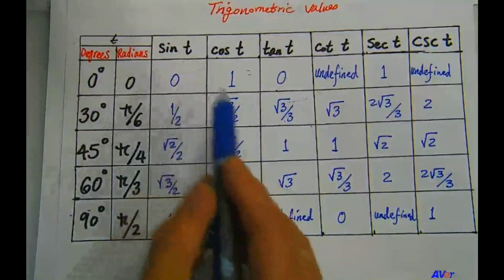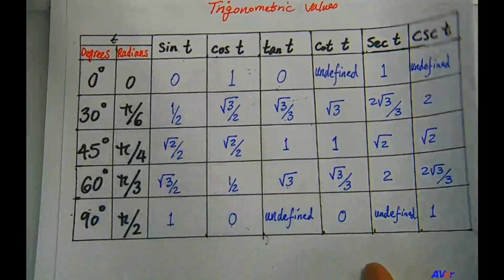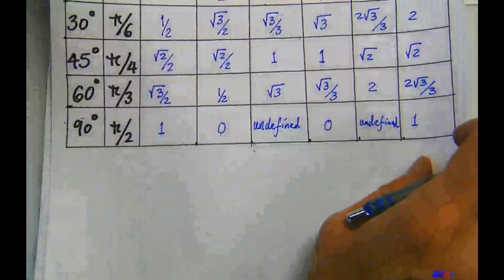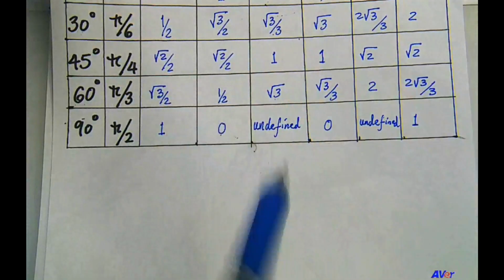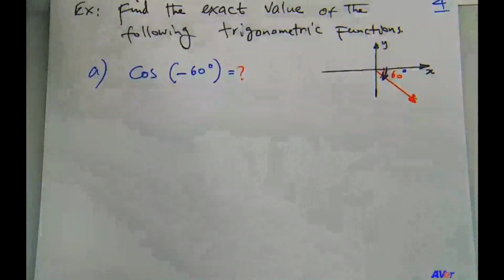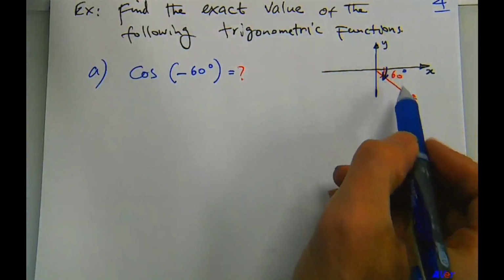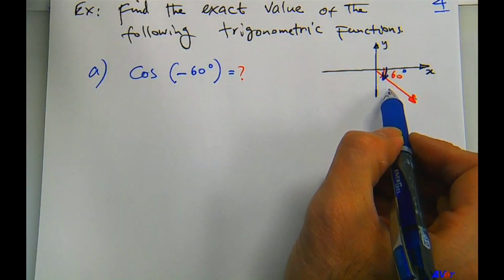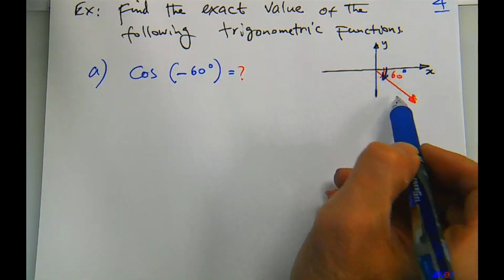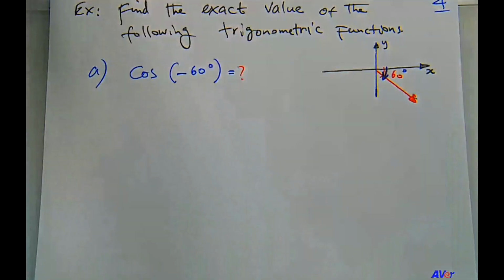Now, cosine of 60 degrees is 1/2, right? So we know it's 1/2, but what is the sign of the cosine in the fourth quadrant? Well, if you have any doubts, cosine, remember, is equal to x, right?